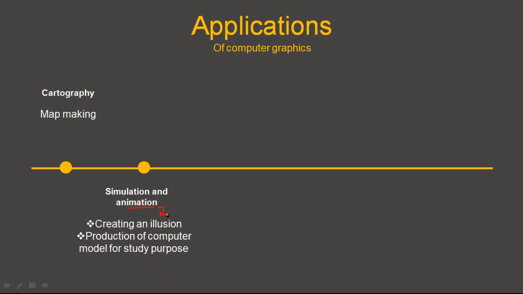An object is not present in physical form in front of you, but you can observe it in 3D form as if the object is right in front of you. That's animation. And what is simulation? The production of a computer model for study purposes. Many computer models are built for studying physical phenomena that are not possible in the real world. And that's an application of computer graphics.